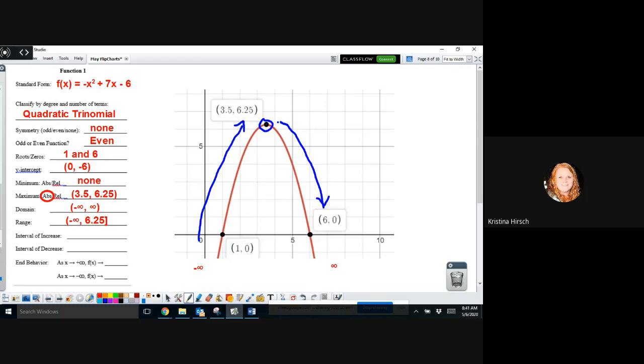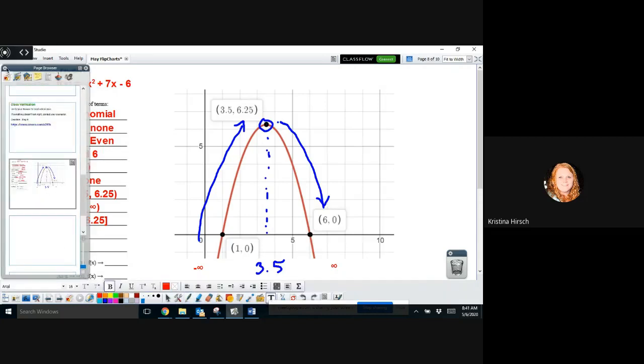So that's my interval of increase and decrease. All right, so where does that turn happen? Well, it happens right here. It lines up right here, and that is at 3.5. So you always use the x value, not the y value. All right, so from negative infinity to 3.5, my graph is going up.